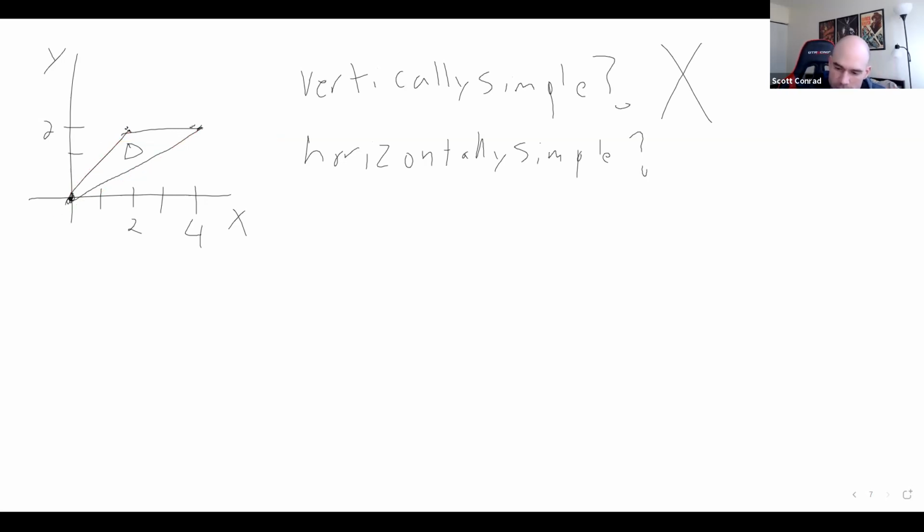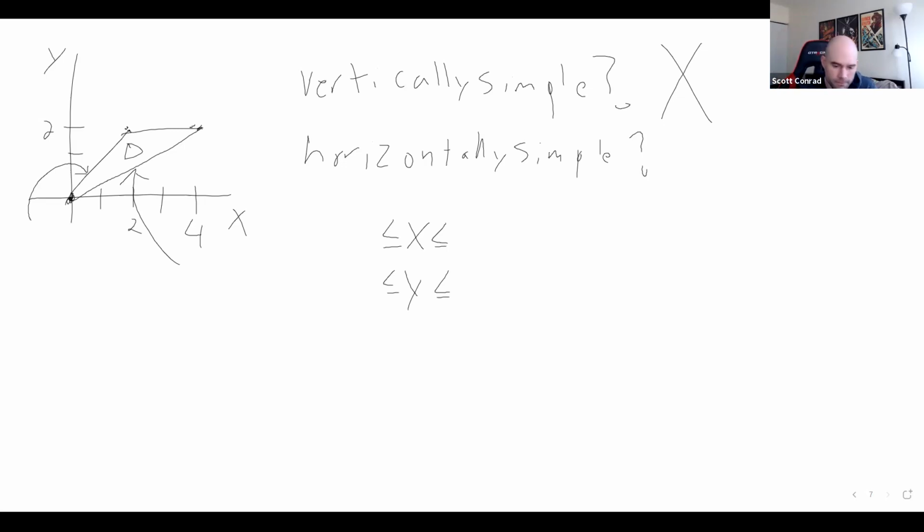So it's horizontally simple. So that means x is going to be bounded by functions. So we need to write the left curve and the right curve as x equals some function of y. And then y, we're just going to bound by numbers. Okay. So let's figure out what the left and right curves are.